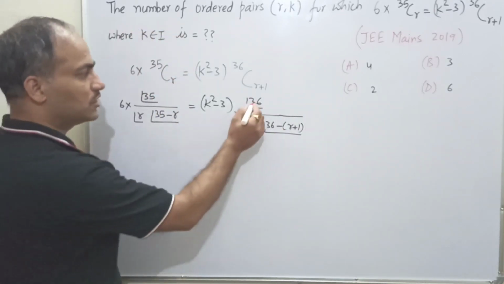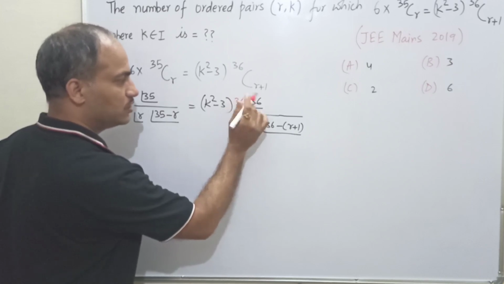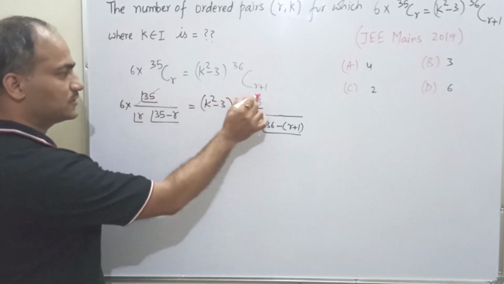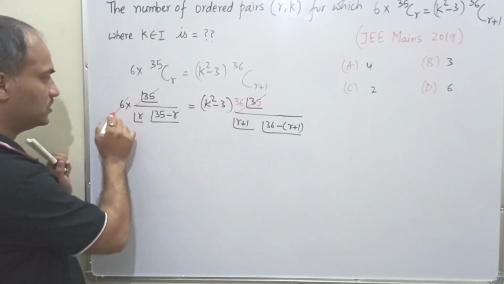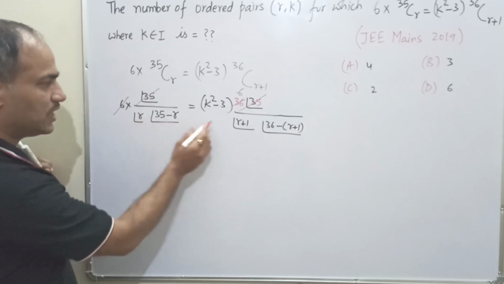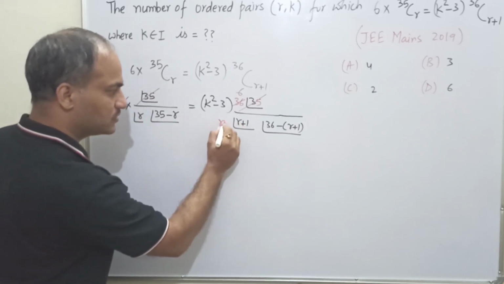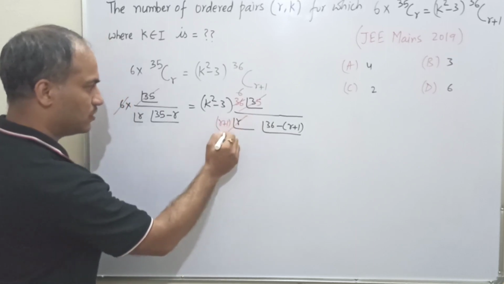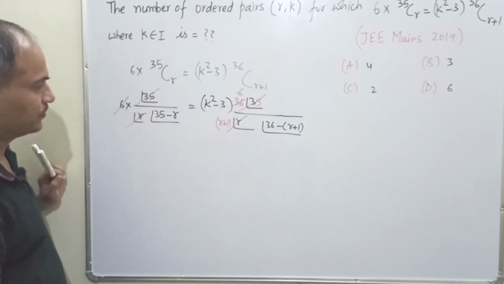Now we know 36 factorial can be written as 36 into 35 factorial, so this can be easily cut. From 6 we can cut this by 6 times. Now (r plus 1) factorial is (r plus 1) into factorial r, so factorial r can be cut easily.